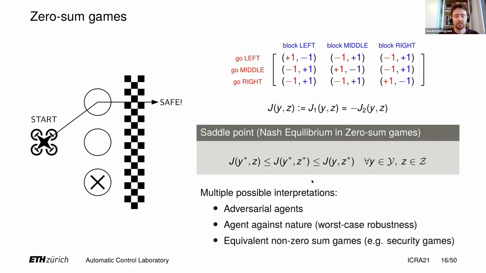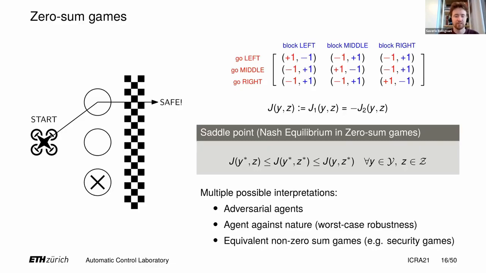And there are multiple interpretations of this. The most obvious one is the one you see in the toy example here: adversarial agents. But very common cases of zero-sum games happen when you have a robot, a player, an agent against nature. I'm not sure if Alex is going to present this later, but he has work where one of the two players is the road, the curvature of the road.